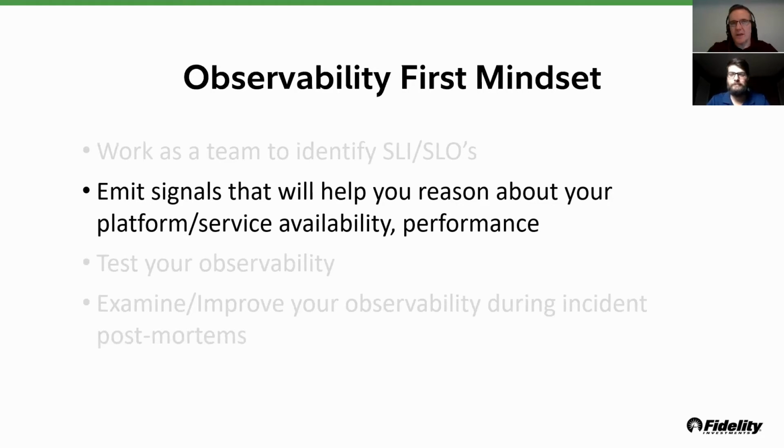Just like identifying SLIs and SLOs, this really should be a team effort. And as the team, you're responsible for understanding what should be emitted and what your SLIs and SLOs are.